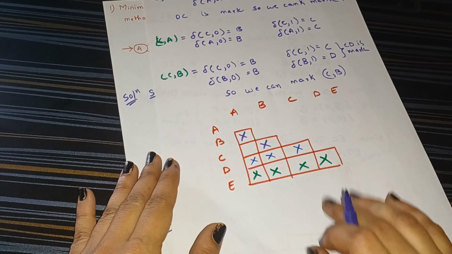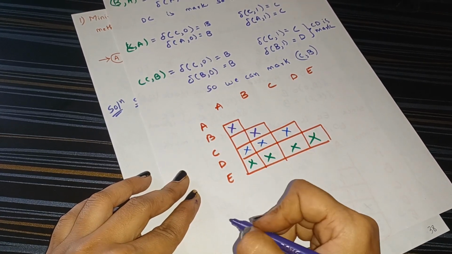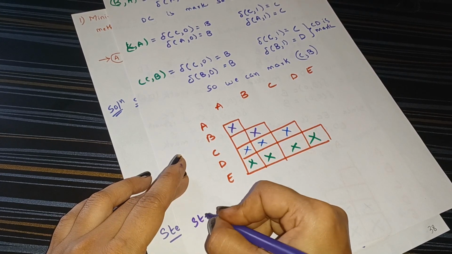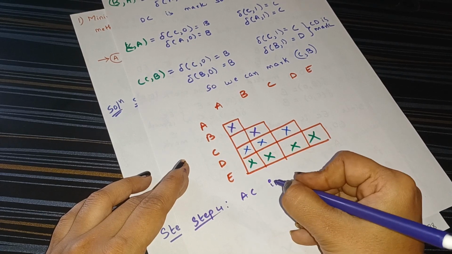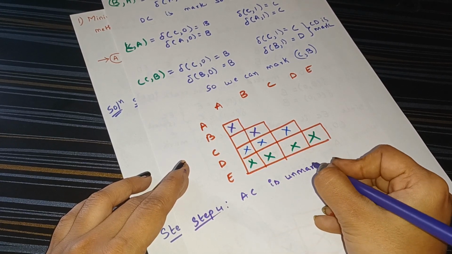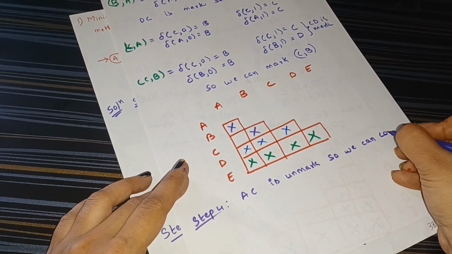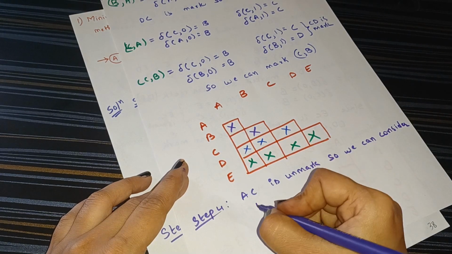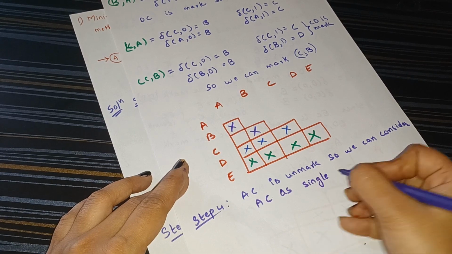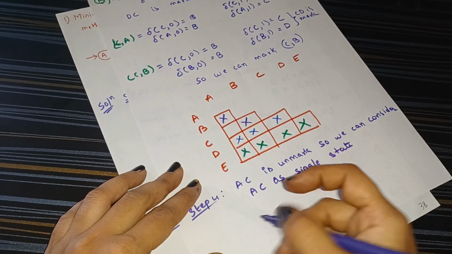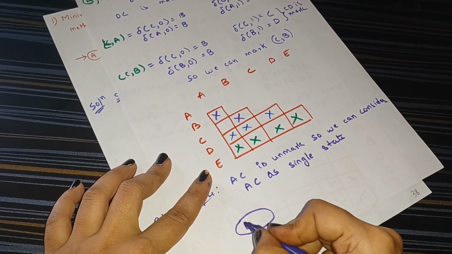So how can we draw the state diagram for this? We know step 4 we can write: since AC is unmarked, we can consider AC as a single state.